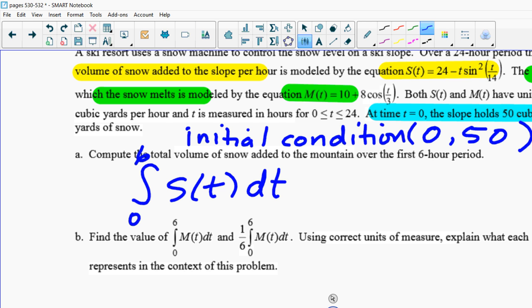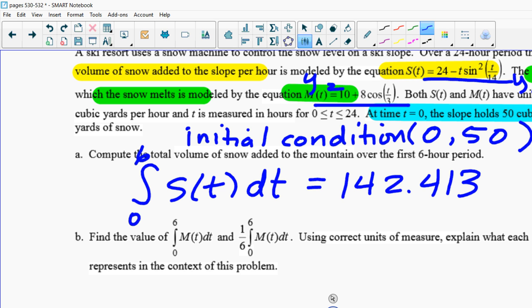Here's what I want you to do. I want you to put S of t in y1. I want you to put M of t in y2, because we will use them more than once. Spark says 142.413. Anybody? I got a yes. I think I know what's going on.